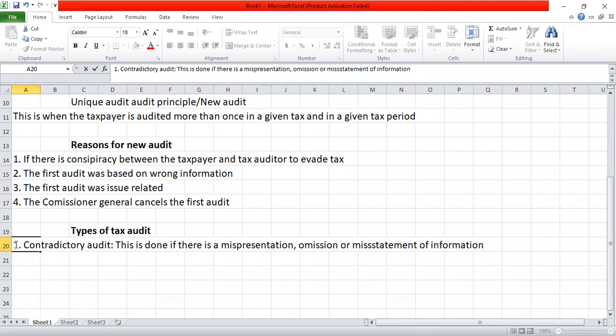If in the tax declaration there is a misrepresentation, an omission, or some misstatement of information, then a contradictory audit is going to be conducted. That's what we call a contradictory audit. It is similar to what we used to call a rectification note.